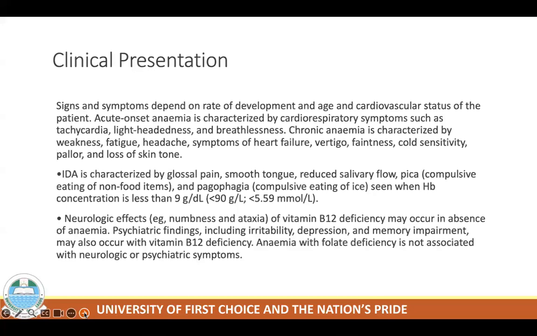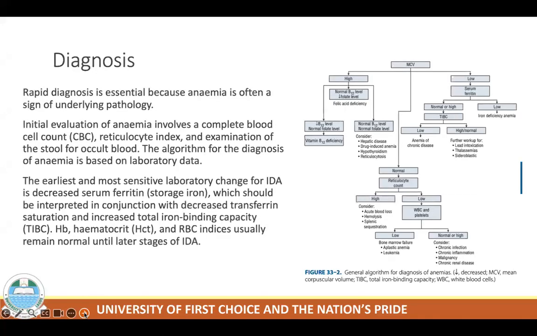These are related to B12 deficiencies. And then there can be psychiatric findings as well. Irritability is very common, depression, memory impairment, all these may occur with B12 deficiency as well. Anemia with folate deficiency is not associated with neurological or psychiatric symptoms. That's a very important differentiation.